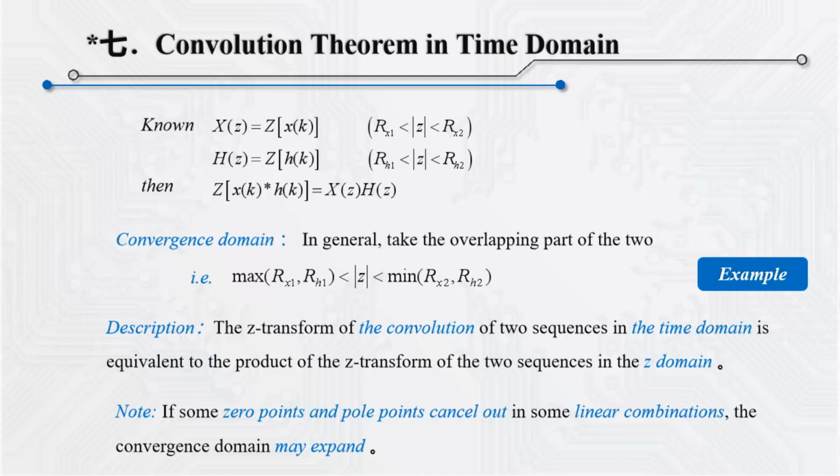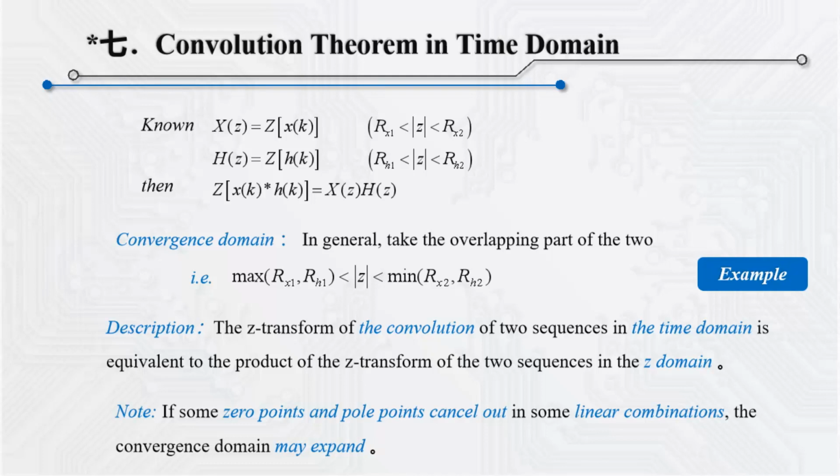We have proved through analysis that it is the product of the z transforms of these two sequences. Under normal circumstances, we need to take the area where their convergence domains overlap. According to the time domain convolution theorem, the problem of convolution is transformed into the problem of multiplying the z transforms of two sequences.